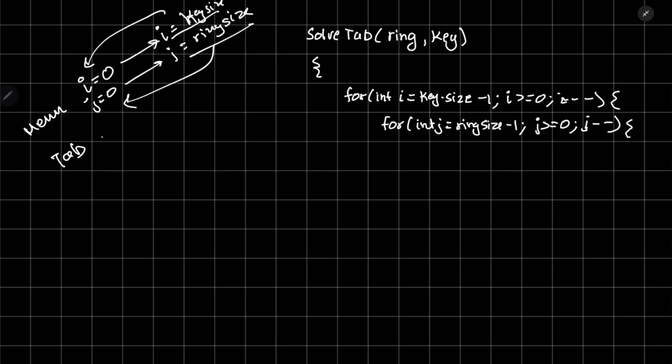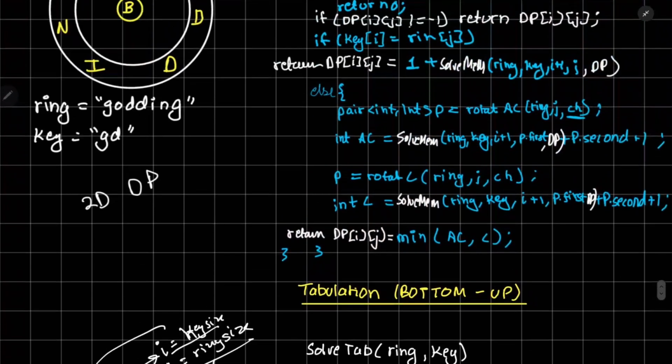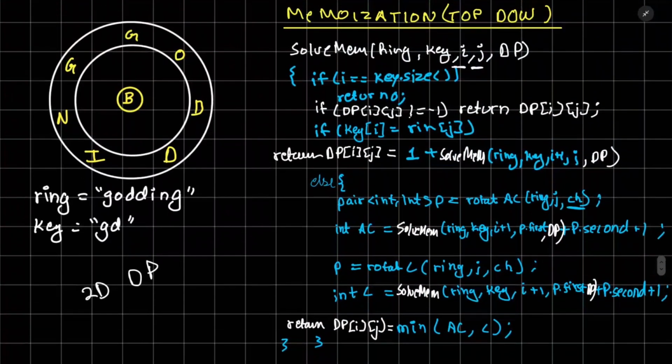Also we are not passing the dp array here, so we can make a dp array in this function itself because it is not recursive. Okay, so our dp array will be here and we will initialize it by 0, because if you look at the base case in the memoization, you can see that for I equal to key dot size we are returning 0.